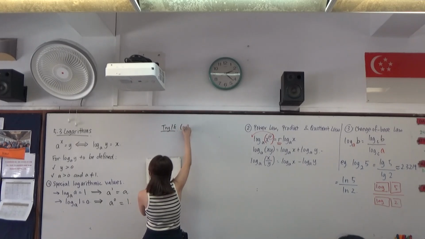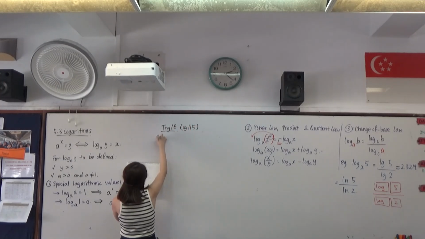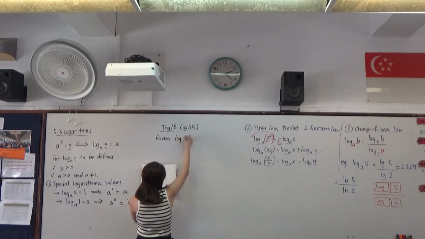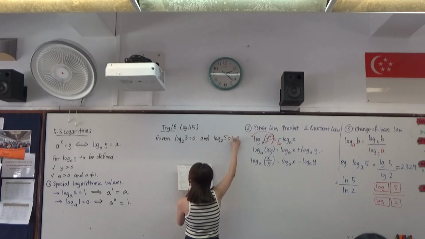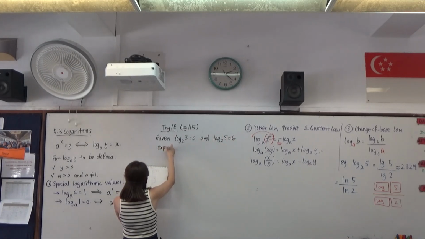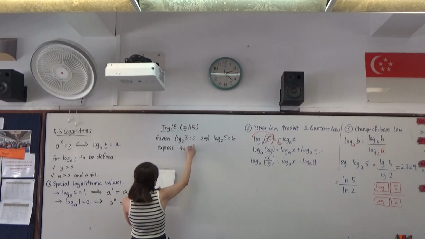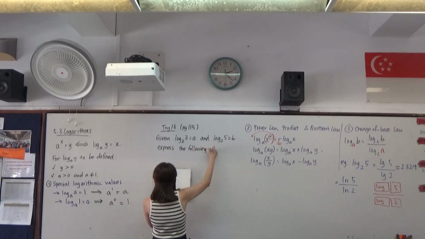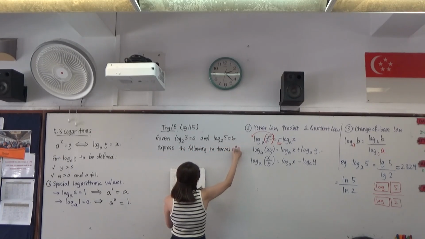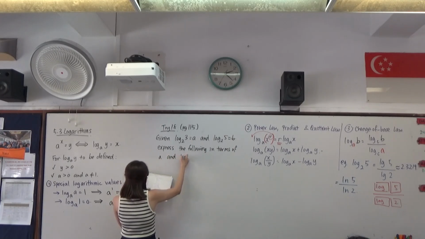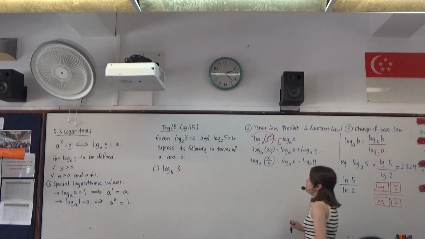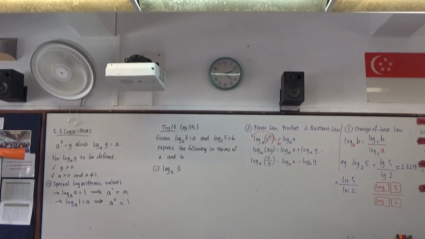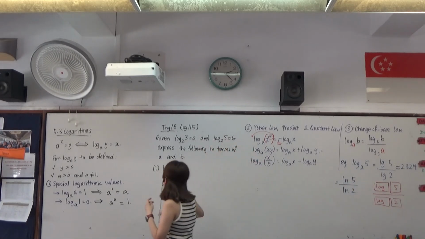Okay, let's look at try 18, part 1. We are told that A is equal to log 3 base 2 and B is equal to log 5 base 2.